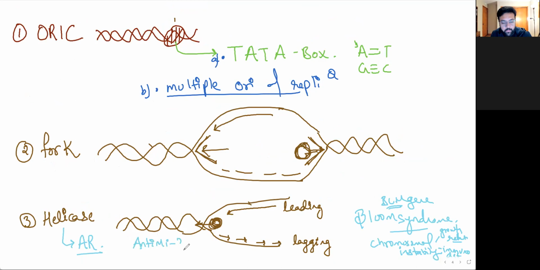Anti-Mi2, which is also called helicase, we have that antibody in dermatomyositis and polymyositis. Apart from anti-Mi2, we also have anti-Jo1 and anti-SRP antibodies in dermatomyositis. Very good. Thanks, Yashasvi.